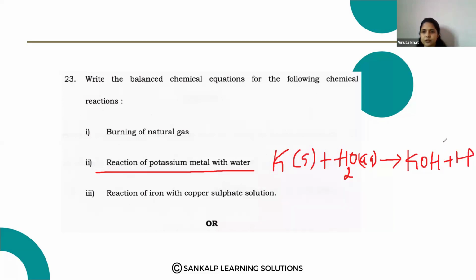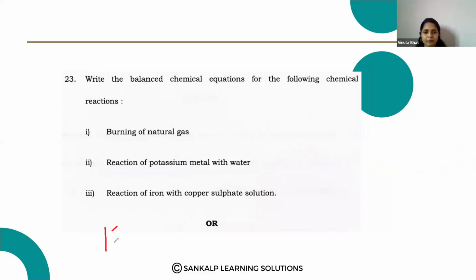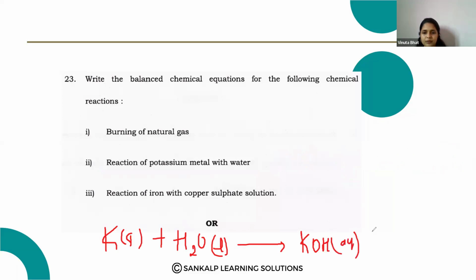So here KOH, that is aqueous, and hydrogen gas. So just a minute, I will write here. K, that is potassium metal, reacts with water, H2O, that is liquid. So it forms potassium hydroxide plus hydrogen gas. So you have to balance this reaction.